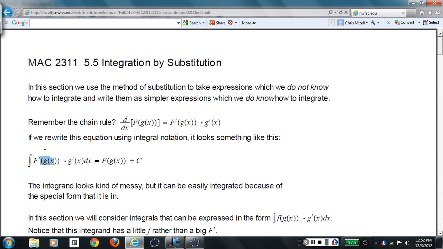So we need to look at it and say, oh yeah, I recognize that as the composition of two functions, and that inside function, look at that, the derivative of that inside function is right over there. Usually what we'll have to do is finagle the integrand, use a little bit of creativity and cleverness to make it look like what we need. But if we can, then we can use this technique of integration by substitution to come up with antiderivatives of otherwise horrific looking integrands.